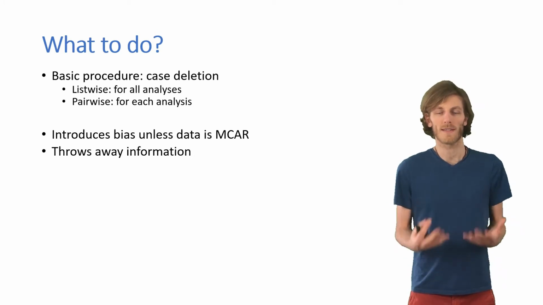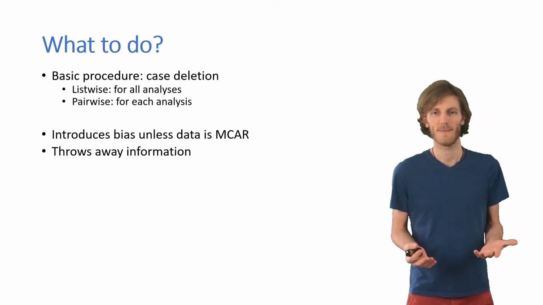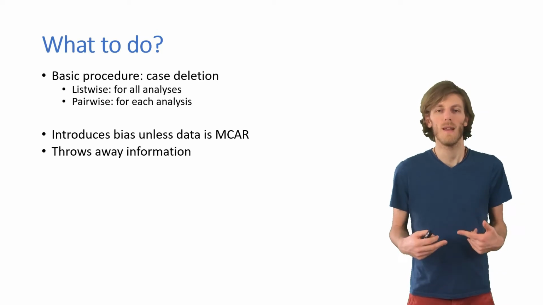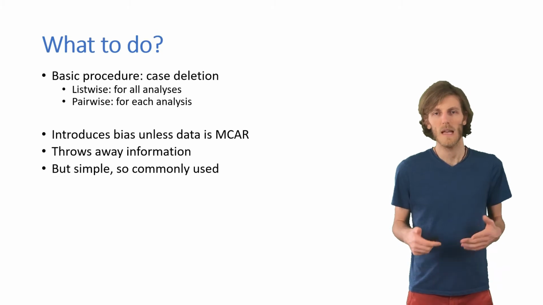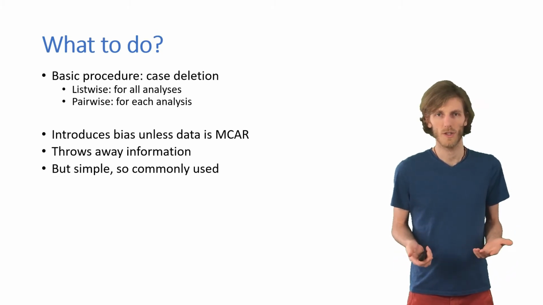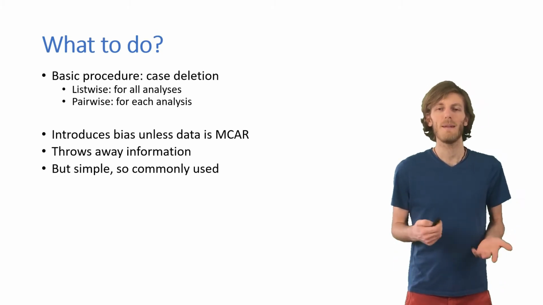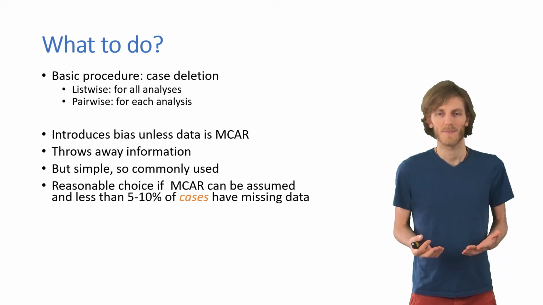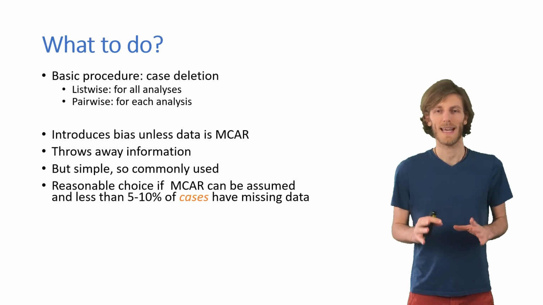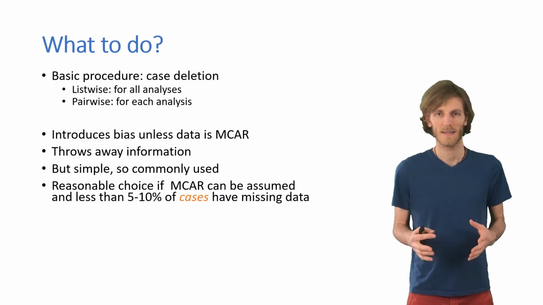this approach always throws away information, even if the data is missing completely at random, and we're still losing valuable information. It's a very simple approach, so it's often used, and it can be a reasonable choice if the data is missing completely at random and not too many cases have missing data.